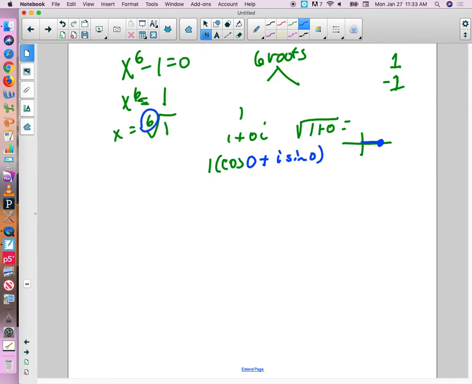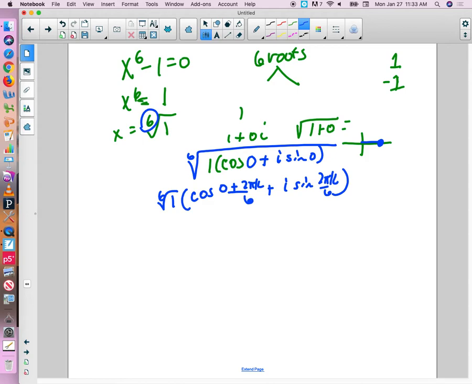And now I'm going to take the 6th root of that, which means I take the 6th root of 1 times cosine of 0 plus 2 pi k over 6 plus i sine 2 pi k over 6. You need 6 of them, so you have 0, 1, 2, 3, 4, and 5.